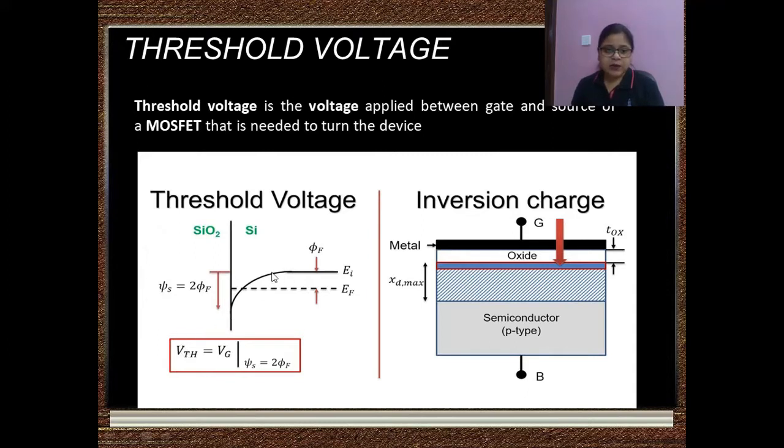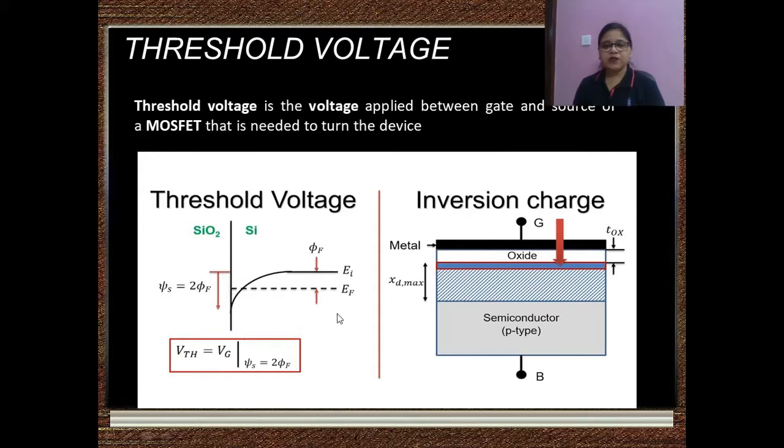This is a band diagram of the inversion region where the intrinsic level bends in such a way that the surface potential by which the bending is happening becomes equal to 2 times the Fermi potential, that is 2 phi f. So this defines the threshold voltage basically. So the threshold voltage is that gate voltage where surface potential is equal to twice phi f, meaning a complete inversion of the semiconductor in the interfacial region takes place over here.